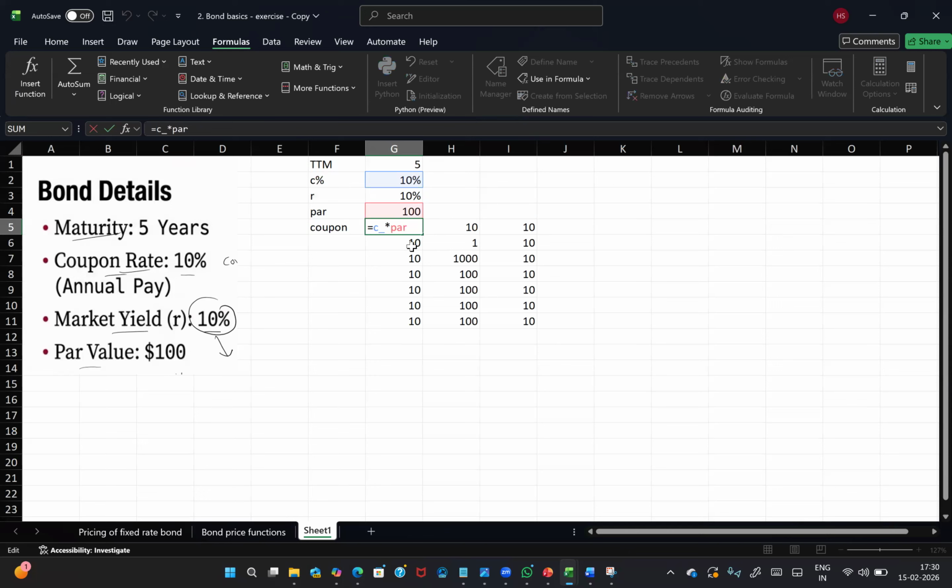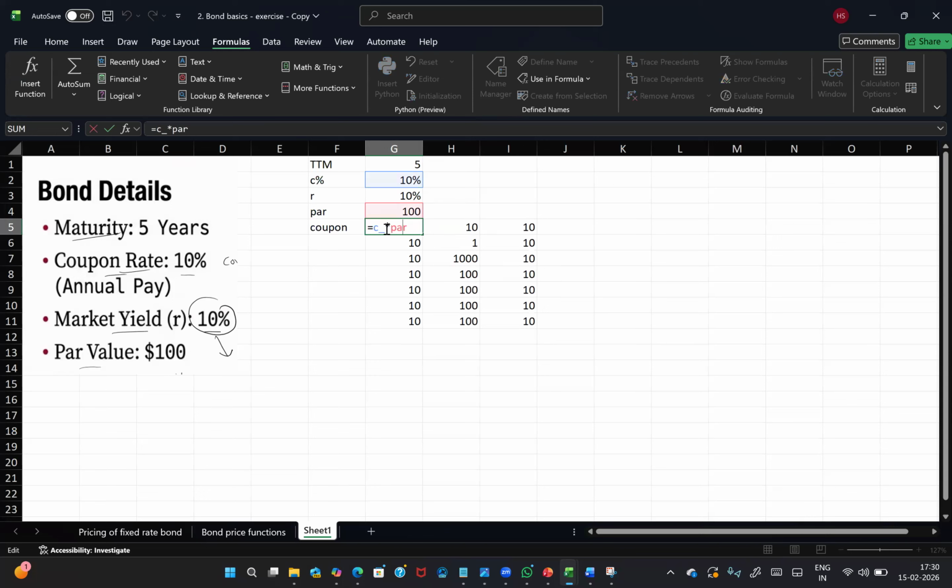The second important use of this is that whenever I change any of these assumptions, suppose I make this 20%, these values are automatically going to be updated. So if in my model I'm using, say, the coupon rate or the par rate at 10 different places, I don't have to worry about going to every cell and changing that.